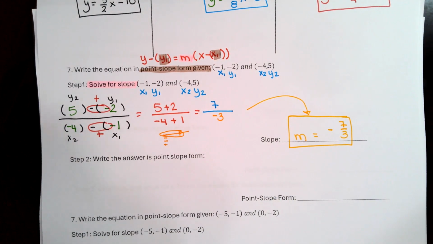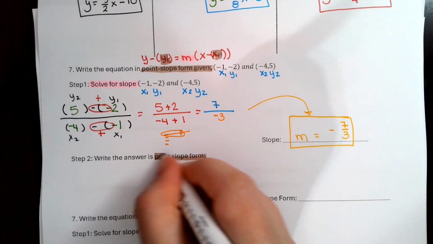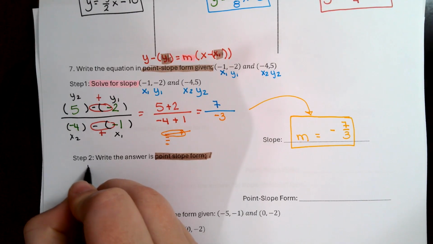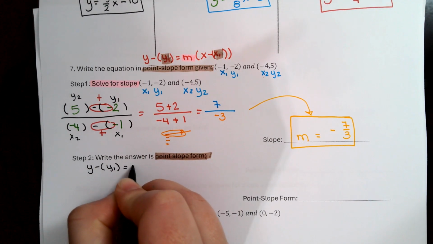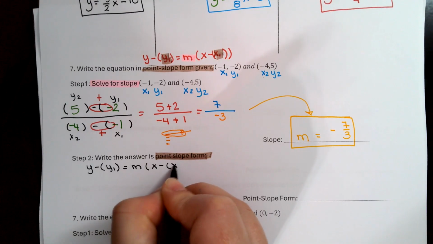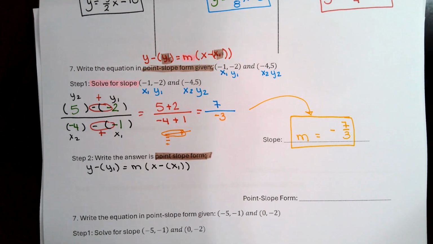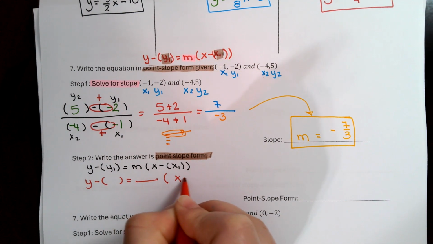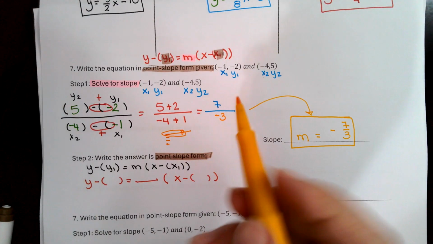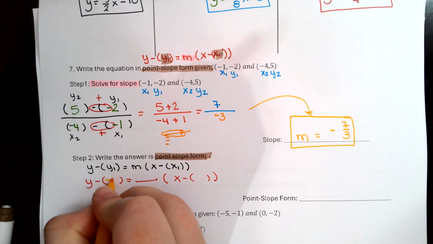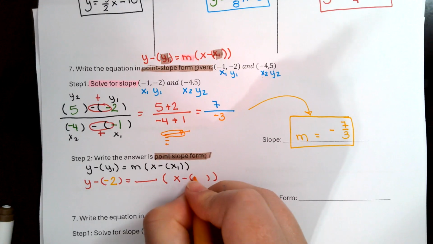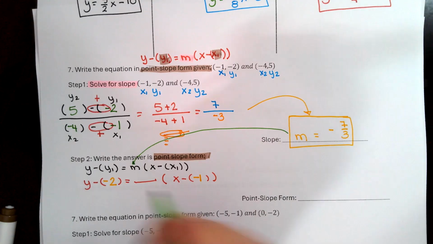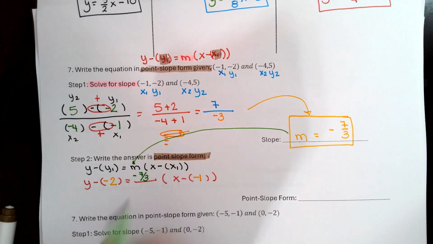Now, again, what is the point? Write the answer in point slope form. So we are going to take our formula, y minus y1 is equal to m times (x minus x1), and input our information. y1 was -2, x1 is -1, and m, your slope, is what we just solved for, -7/3.